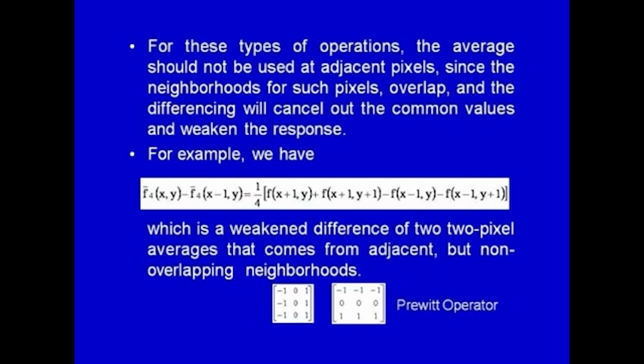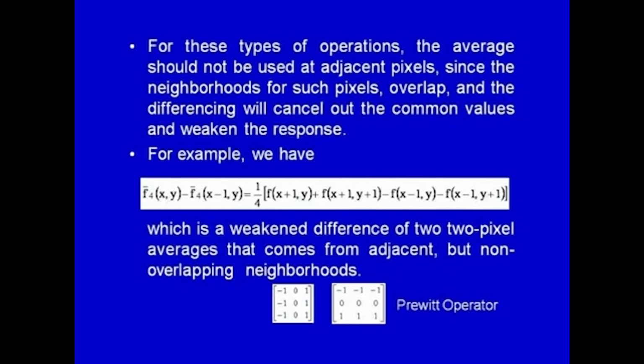For example, we have the function at x comma y and x minus 1 comma y, which yields a relationship of 1 divided by 4 times the function at x plus 1 comma y plus the function at x plus 1 comma y plus 1 minus the function at x minus 1 comma y minus the function at x minus 1 comma y plus 1, which is a weakened difference of 2 pixel averages that comes from adjacent, but non-overlapping neighborhoods.